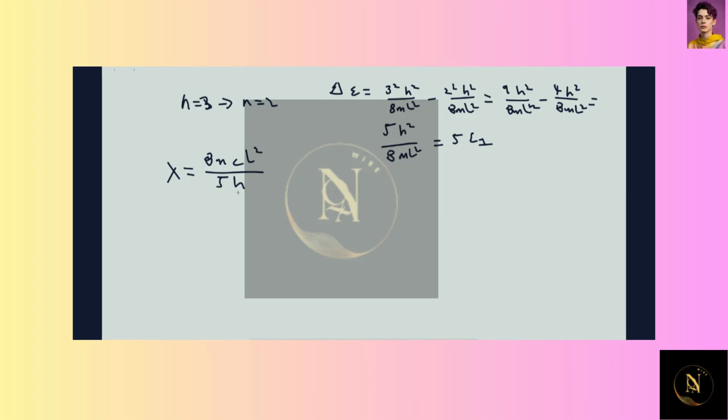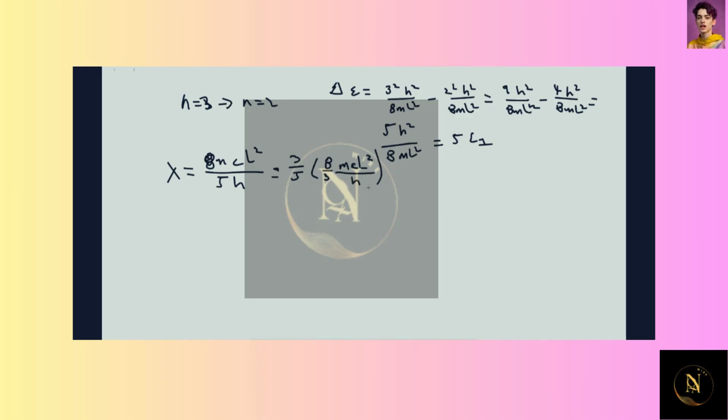To make it similar to part A, we can see the relationship that 8/5 is just equal to 3/5 times 8/3, which is m L squared c over h.